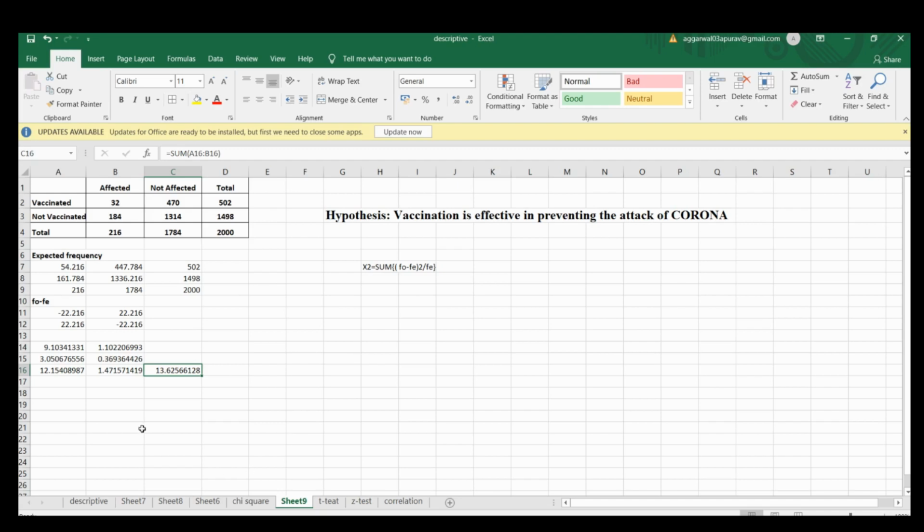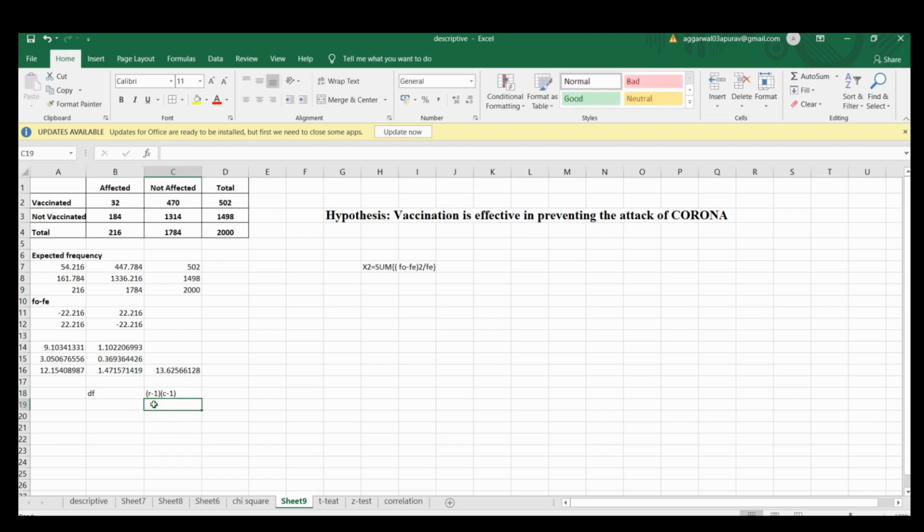Now we calculate degree of freedom, df. Formula is r minus 1 into c minus 1, where r is for row and c for column.